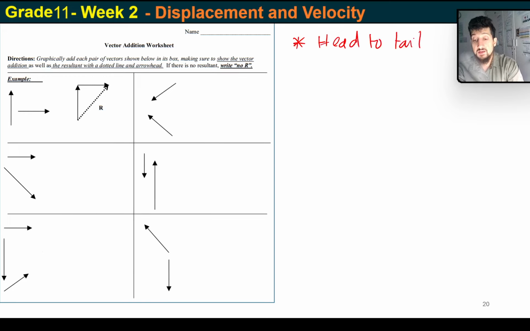Remember that, head to tail. Not tail to tail or head to head. And the other one we need to remember is don't change direction. Don't change their angle. Don't change how they're pointing. Don't change the way they look.